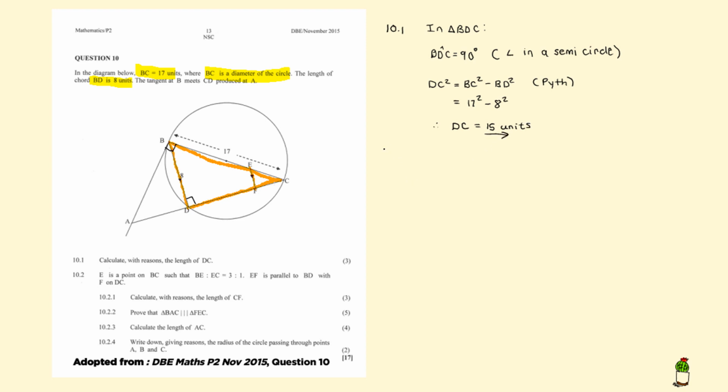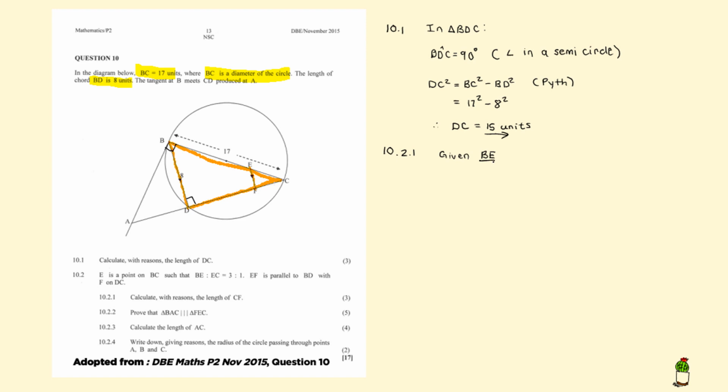Okay, moving on. Question 10.2.1. Let's first read over here. E is a point on BC, such that BE to EC is equal to 3:1. So they're giving us the ratio of BE to EC.